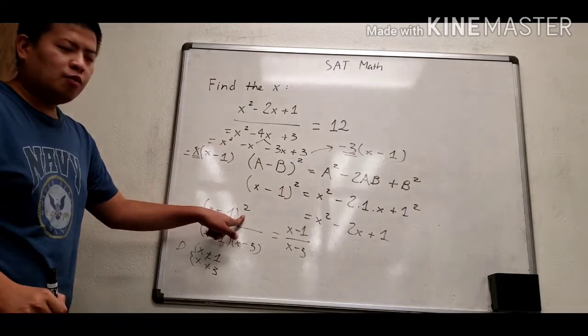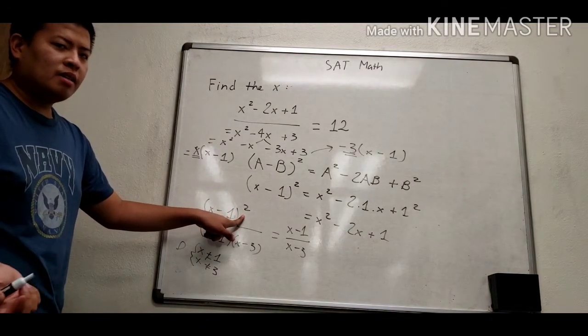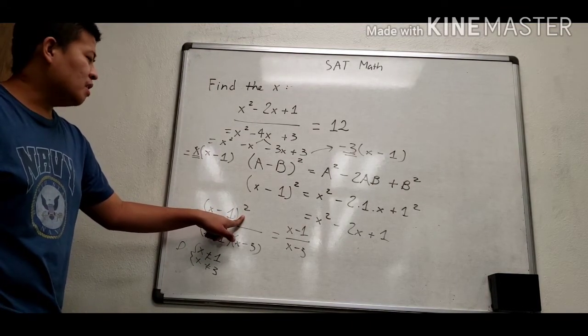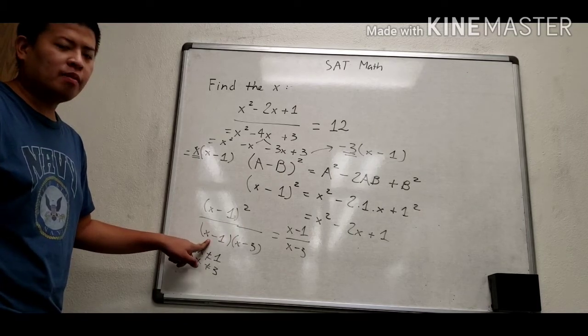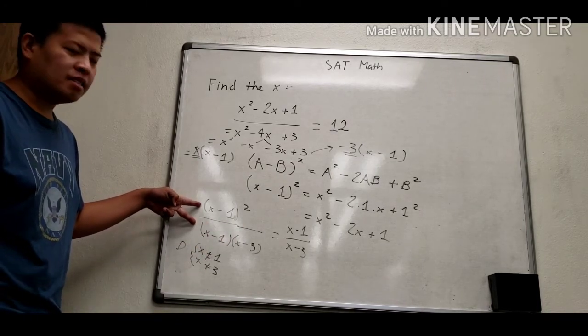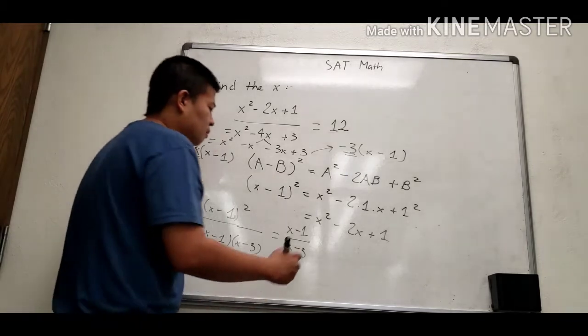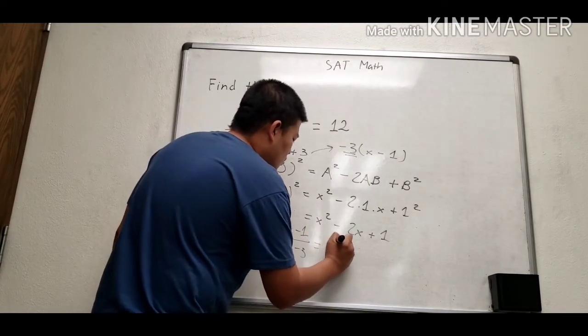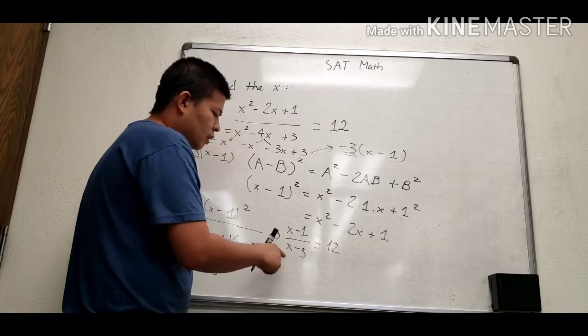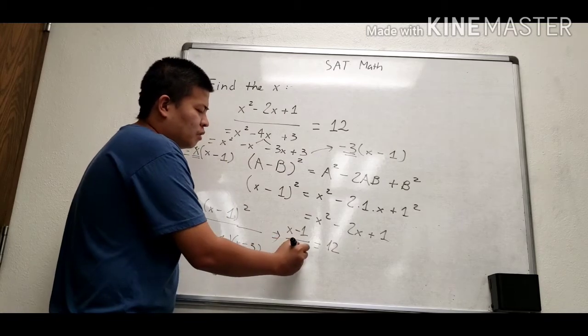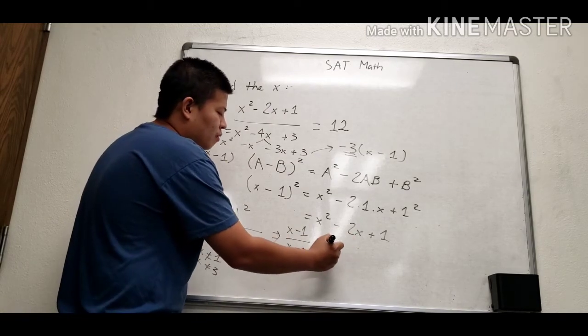And because s minus 1 power 2 is s minus 1 multiplied with s minus 1, and we have s minus 1 in here, we simplify s minus 1. So you get 12. In here, s minus 3, we multiply with 12.